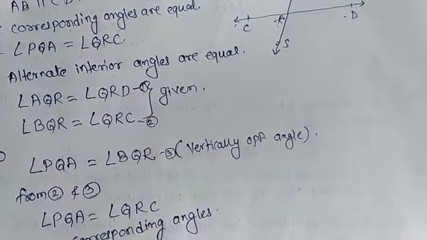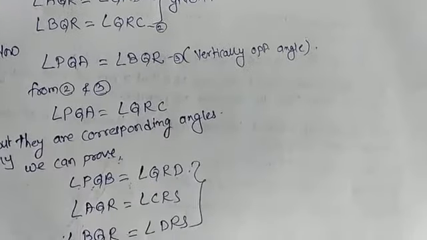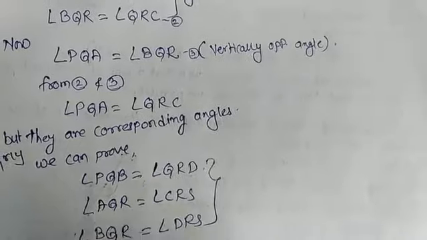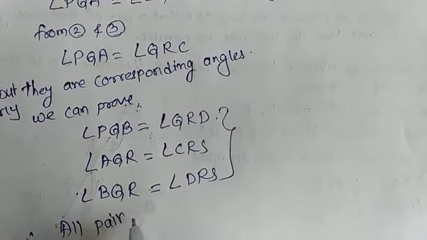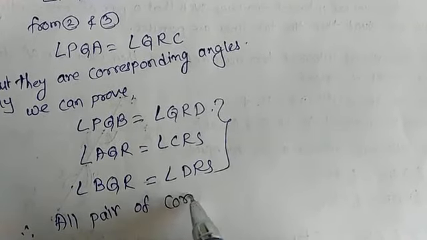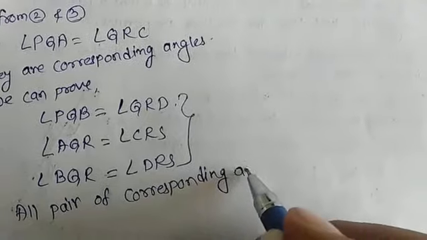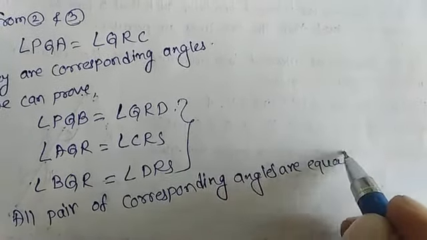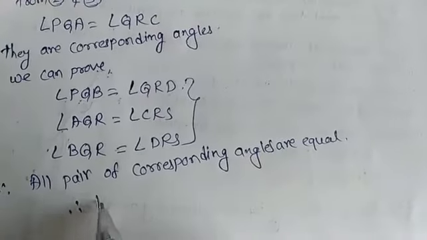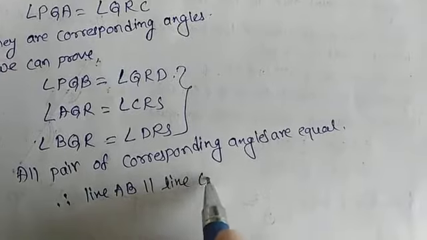This we can prove in a similar way. Therefore we can say that all pairs of corresponding angles are equal. Therefore, line AB is parallel to line CD.